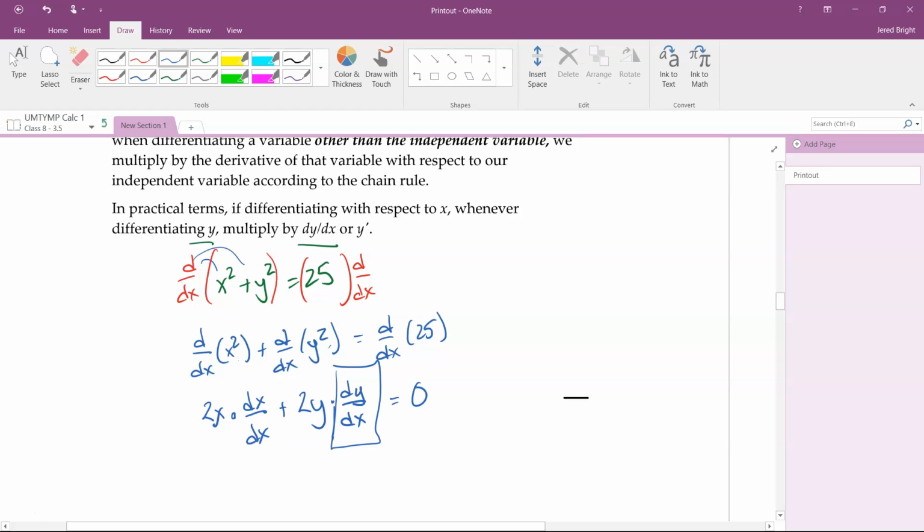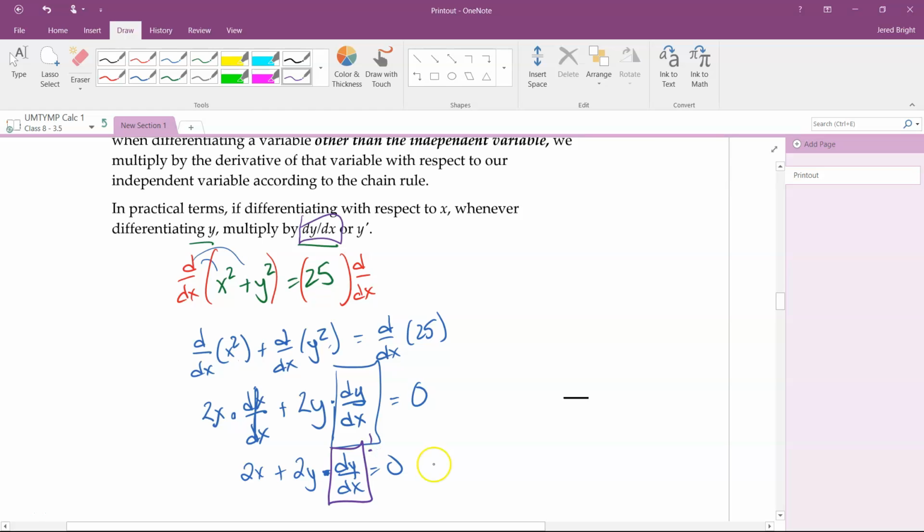Now simplifying this, the derivative of a constant is 0, that's why the right-hand side is 0. This whole thing is effectively 1, so simplifying, I can write this as 2x plus 2y times dy/dx is equal to 0. The point of all this is I want to find dy/dx, the derivative of y in terms of x, so I need to isolate this.